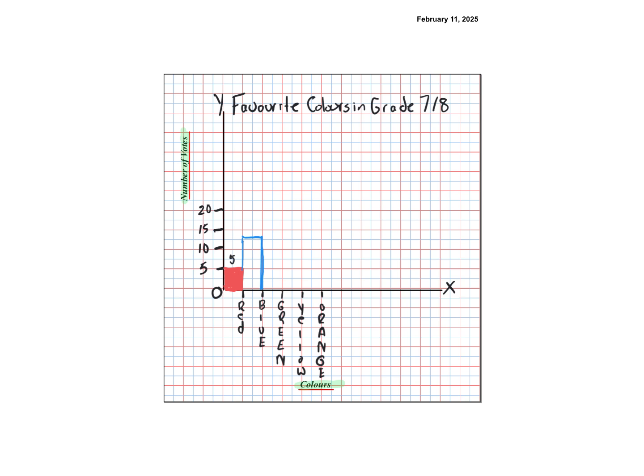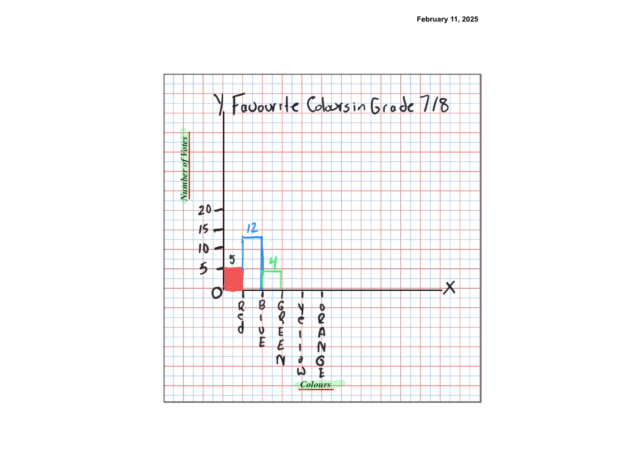Green had a total of 4, so it's only going to go up to about here. Okay. And again, there's 4, and the blue was 12.